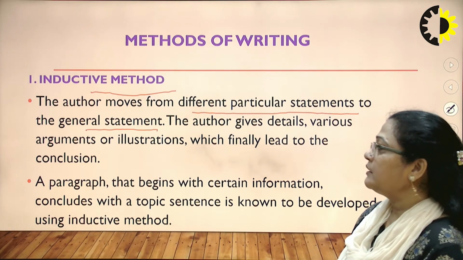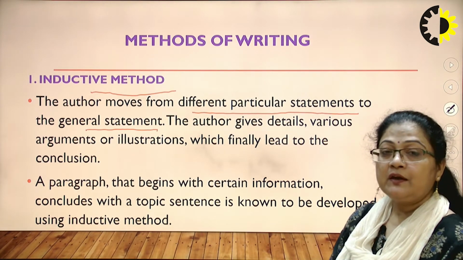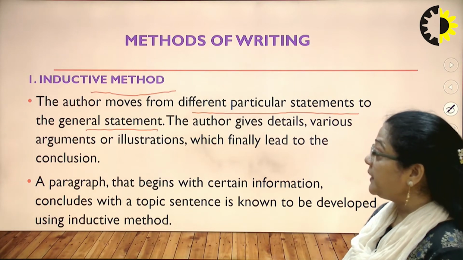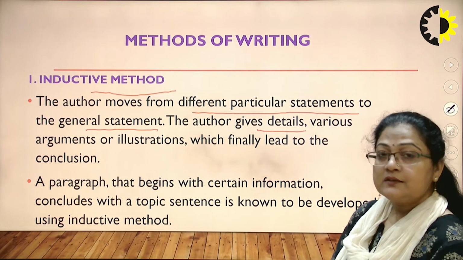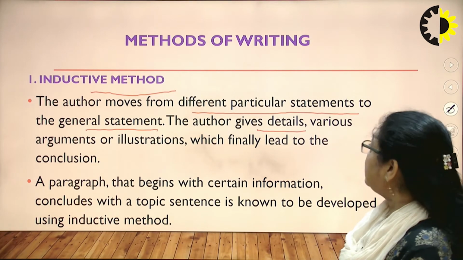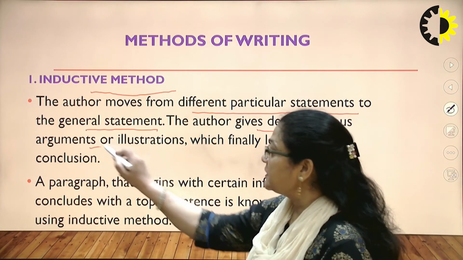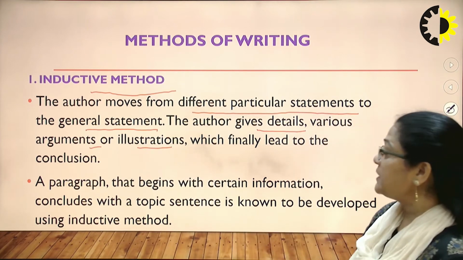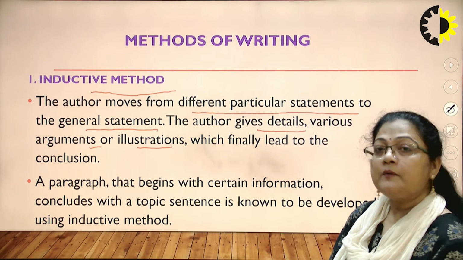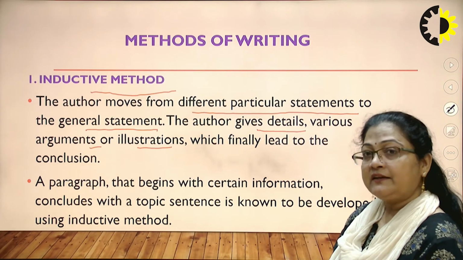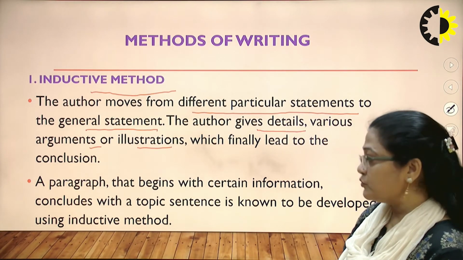If we say it in a simpler way, in the beginning of the paragraph, the author gives the details, certain examples and various arguments, illustrations, means examples, which finally lead to the conclusion. So, the reader along with the writer reaches at the conclusion.